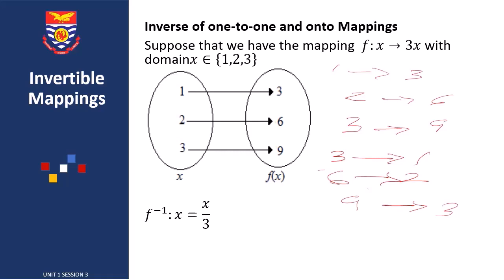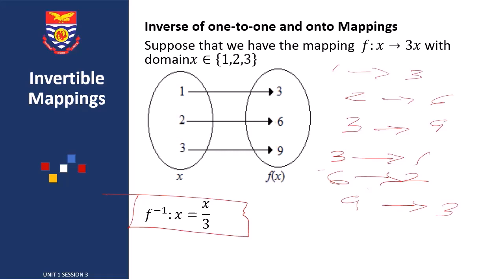So you can look at the reverse mapping carefully. The values produced can be written in the rule f inverse of x equals x on 3, where the x are members of 3, 6, and 9.